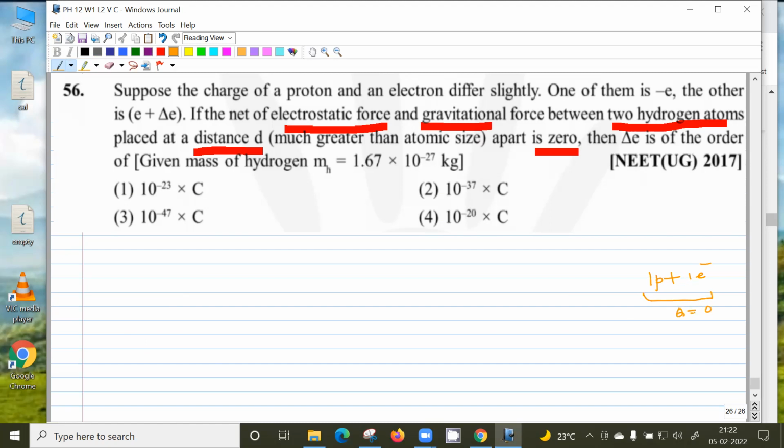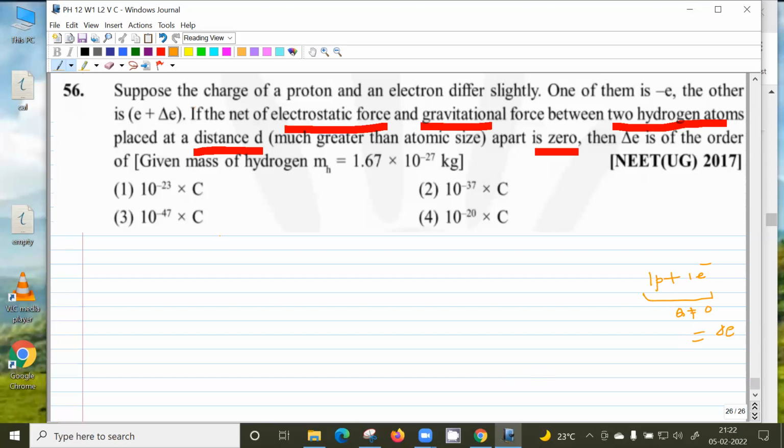Zero, right? In a normal situation. But here the sum won't be zero because the electron and proton do not have equal charges. So here the sum of charges is delta e. Is this clear?